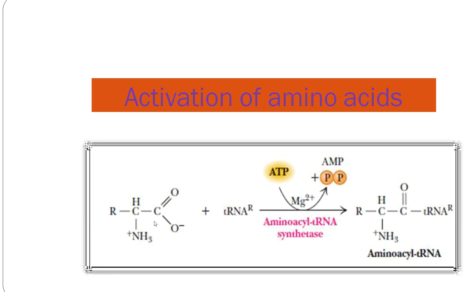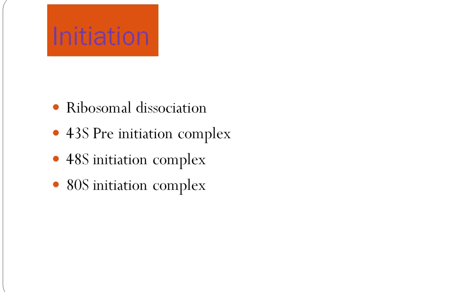The amino acid is combined with AMP and forms aminoacyl adenylate, which is attached to the corresponding tRNA and forms the aminoacyl tRNA. So activation occurs.